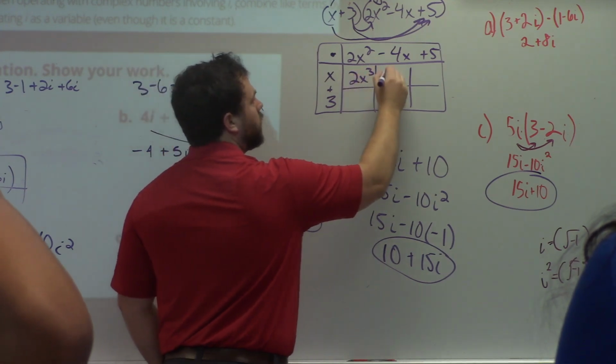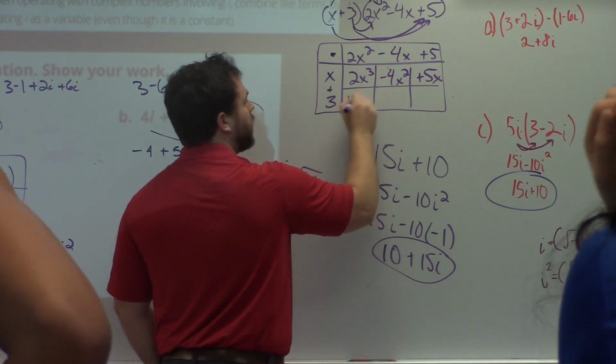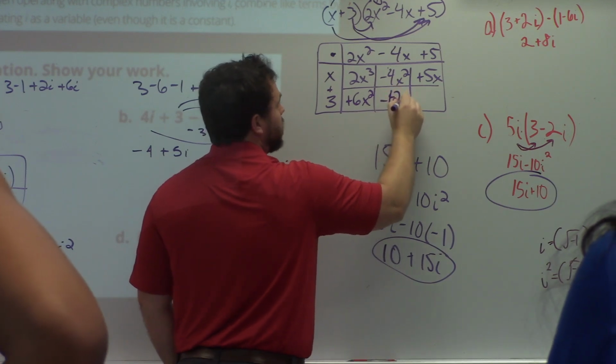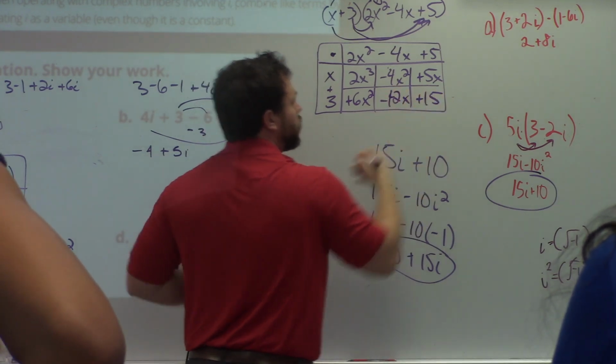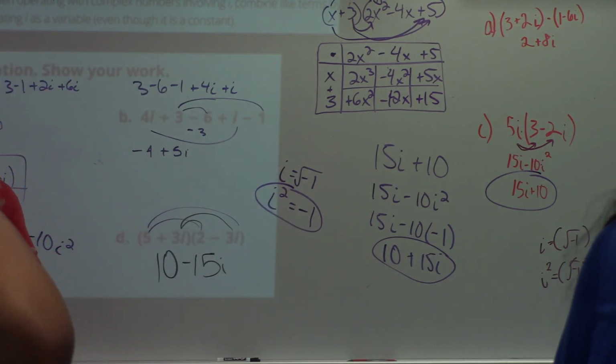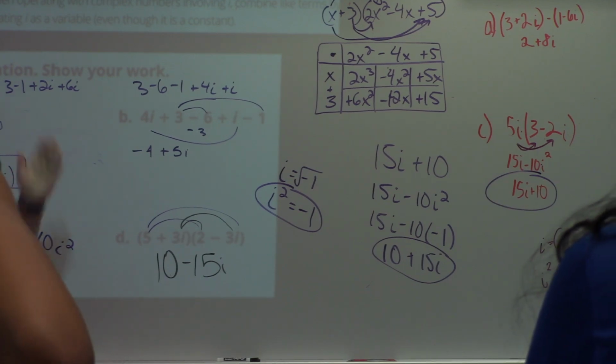No. It's distributing. I don't understand legitimately why teachers still teach it. That's their prerogative. I just don't get it. Distributing always works. The area model always works. So you will always hear me say distribute or use the area model. I don't use FOIL. That's why.